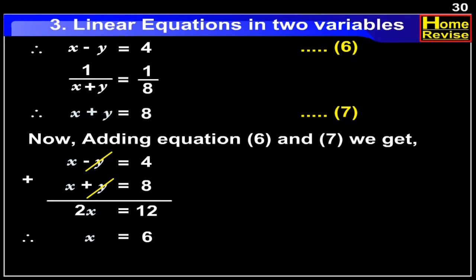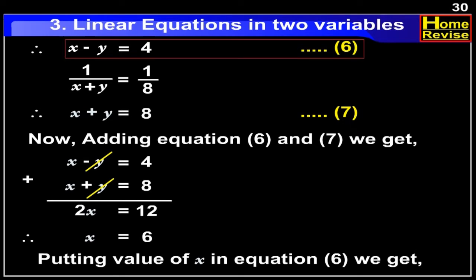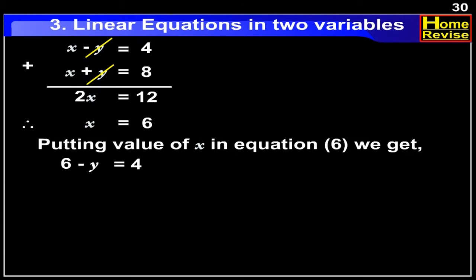Putting the value of x in equation 6, we get 6 minus y is equal to 4. Therefore, minus y is equal to 4 minus 6. Therefore, minus y is equal to minus 2. Thus, y is equal to 2.